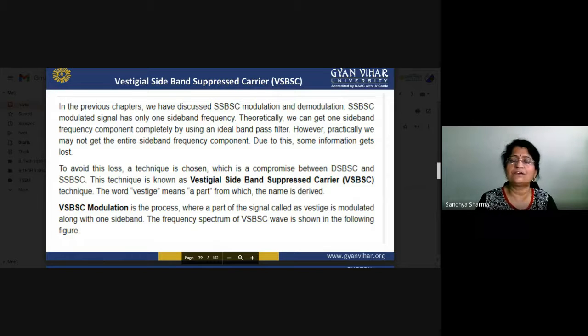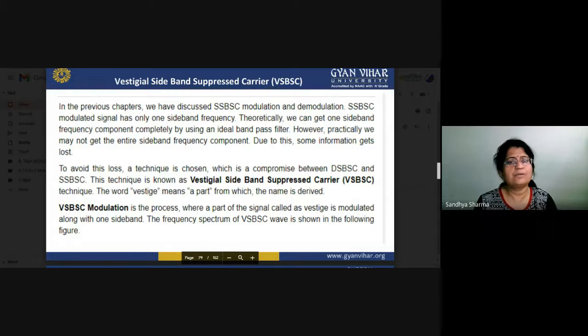As we have already seen, when we switch from DSB-SC to SSB-SC, we completely remove one sideband, and we use the ideal band pass filter for this purpose, and we can extract either the lower sideband or upper sideband.